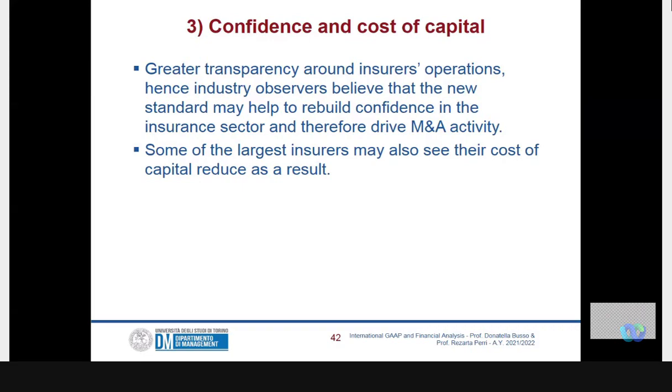You may see that as a big cost to implement a new standard, but that increases the quality of the information, and that attracts a lot of potential investors and creditors. And that means in the long run, a decrease in the cost of the capital.